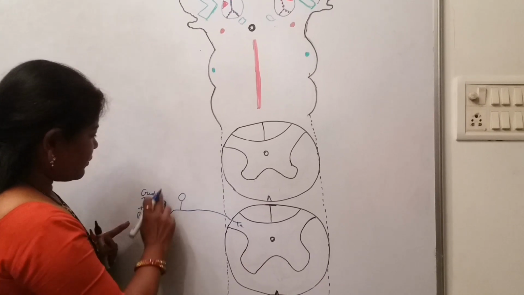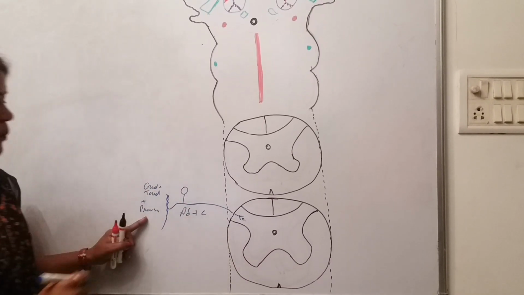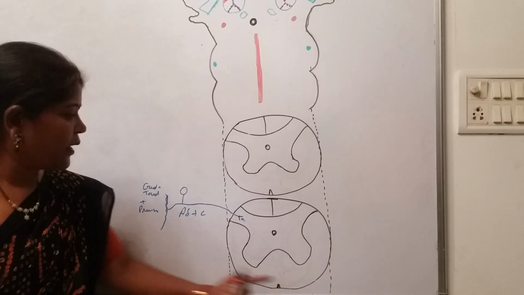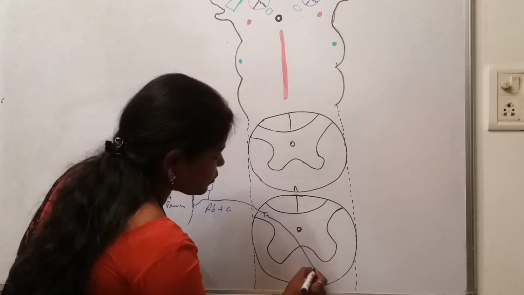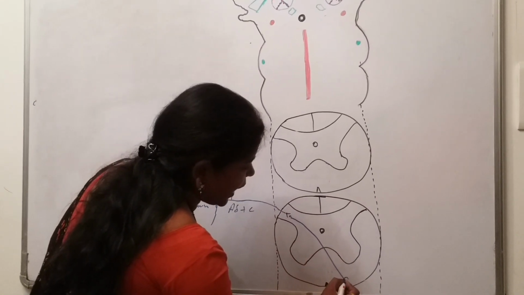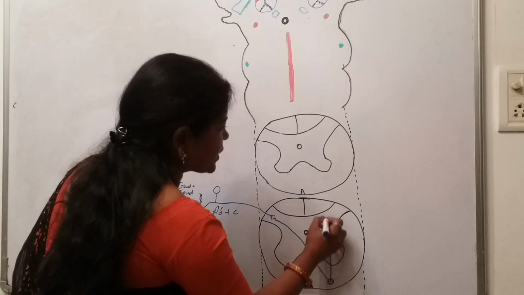Because this is the fiber bringing the crude touch and pressure, where will it be placed here? It will be placed here after crossing to the contralateral side in the anterior white column, and then it moves upwards.